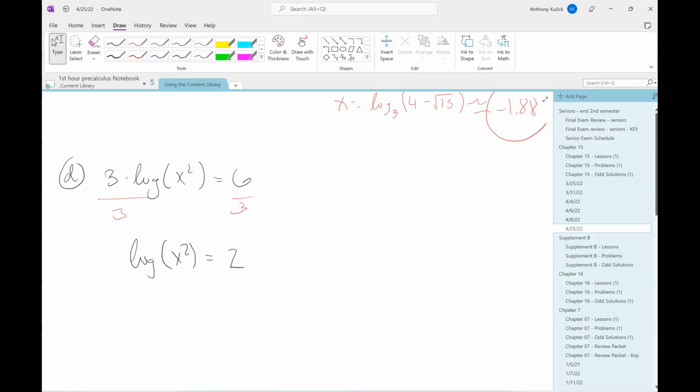No. Not multiply, not divide, not subtract. A log is an operation, right? So it's not a number. What is going to cancel out a logarithm? What's the opposite thing of a logarithm?